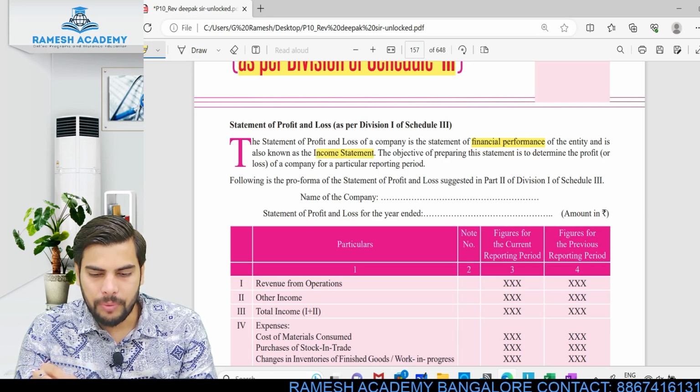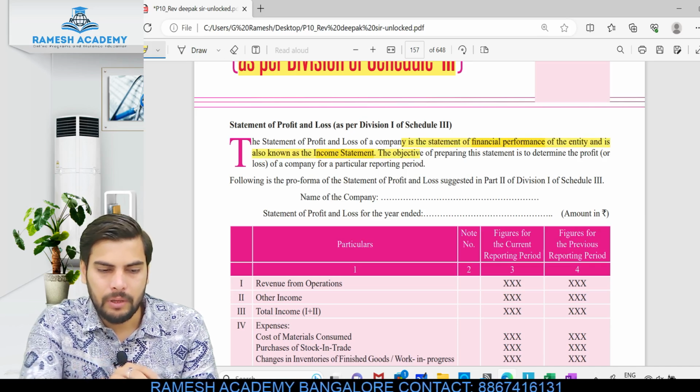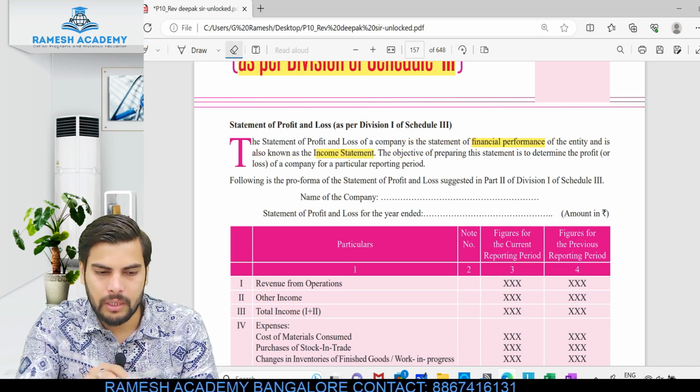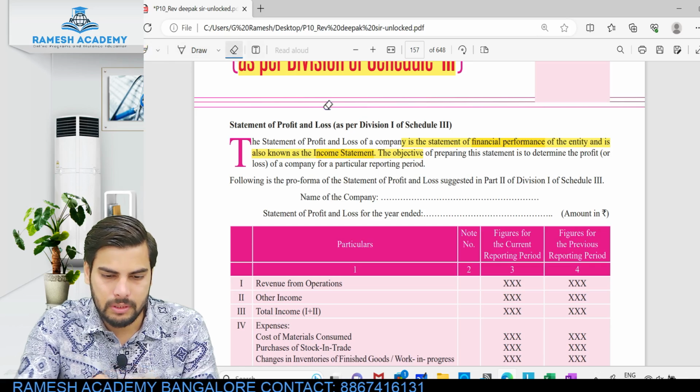The objective of preparing this statement is to determine the profit or loss of the company. So what is the objective? The objective is to determine whether the business entity is making profit or incurring loss.